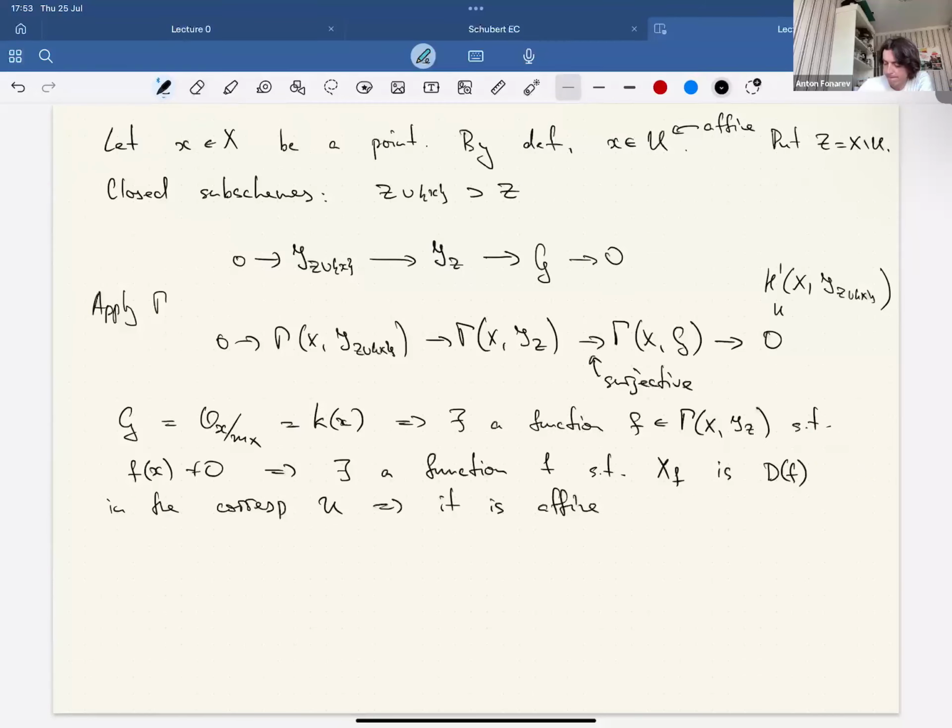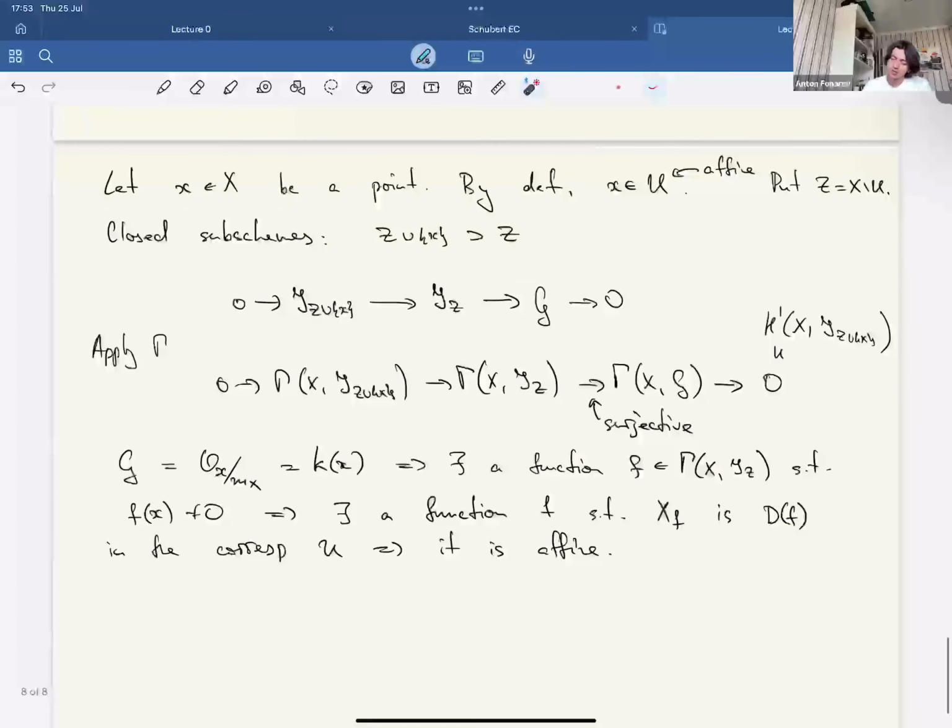So again, what are our steps? Our steps are the following ones. We want to find an affine open neighborhood of a point X, of the form X sub f, the set of points where f doesn't vanish.